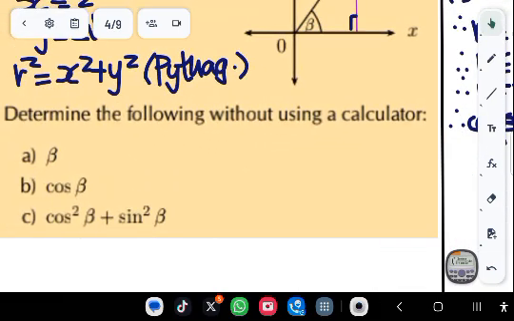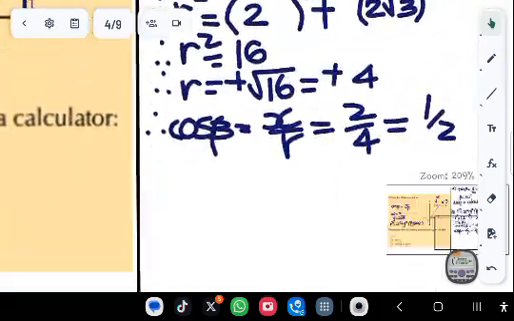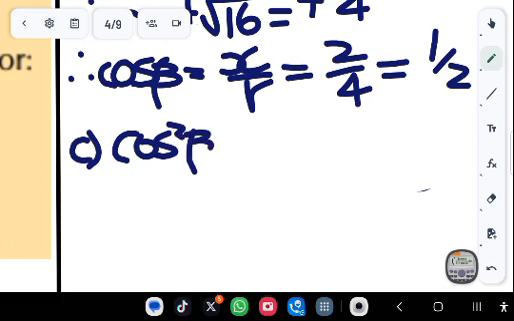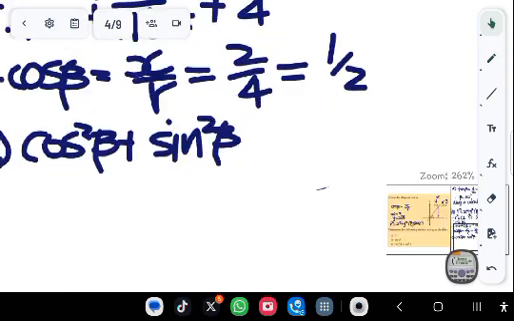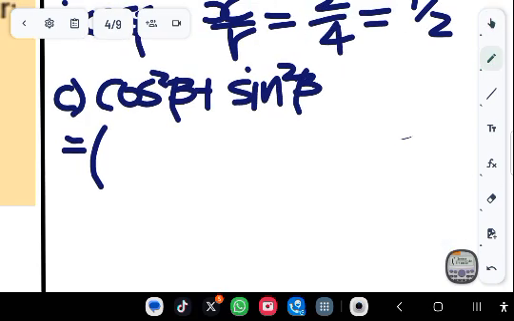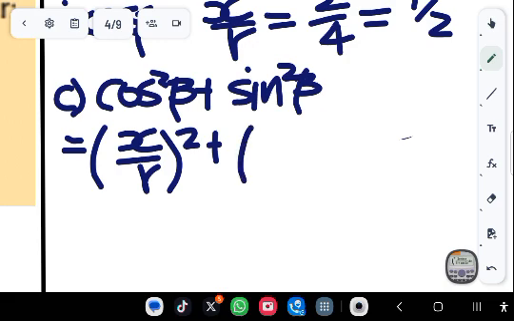Next, cos squared beta plus sine squared beta. We know that this is going to give us 1, but let's prove it for ourselves. Cos squared beta plus sine squared beta. We know that cos is x over r, squared, and sine is y over r, all squared.